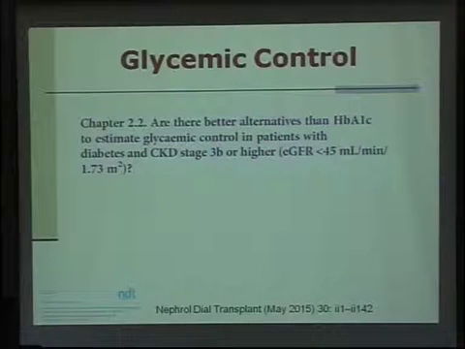What are the causes of false low? The use of anemia management. So iron therapy and ESA therapy can lead to false low. Why false low? Because they increase the production of new red cells, and new red cells are not acquainted with glucose like the ordinary red cells.